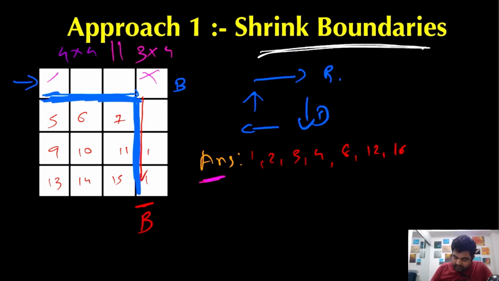Now again, after downwards we will start traversing in the left direction. So we go until this point, we will add all the entries to our answer, and again we are going to delete all of them because they never existed for us, and our boundary shrinks even further. And after that we start going in the upwards direction.